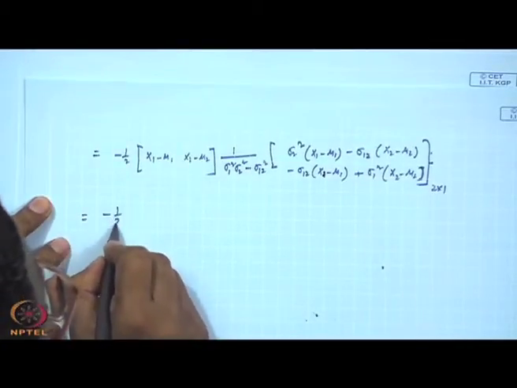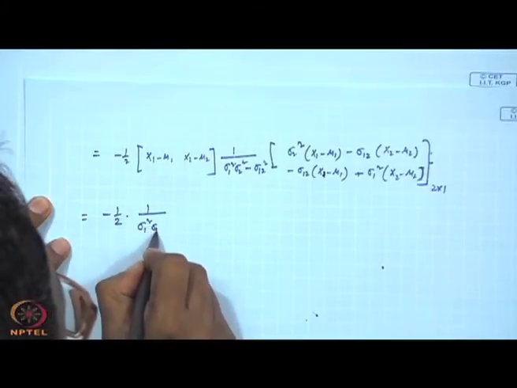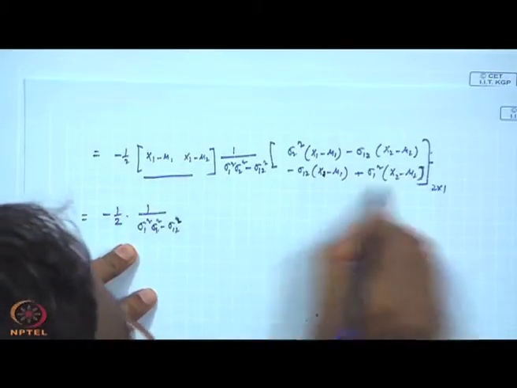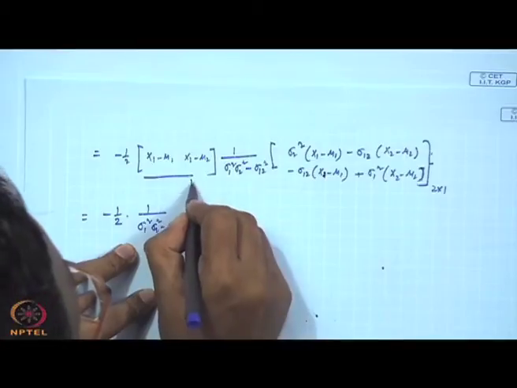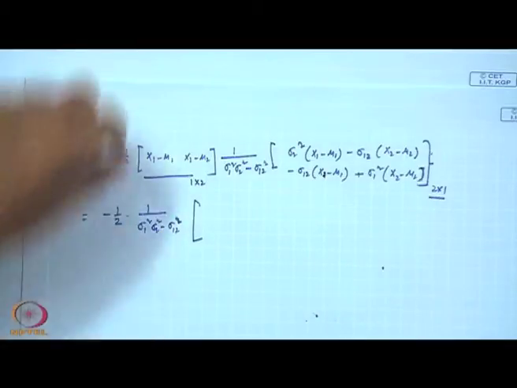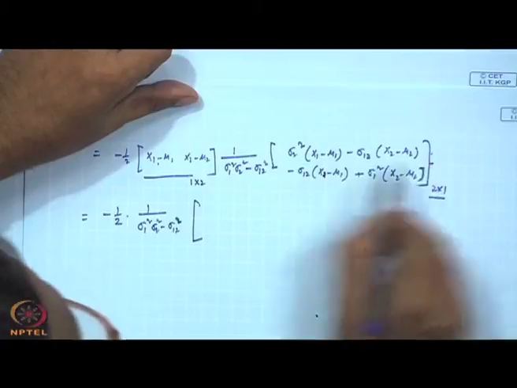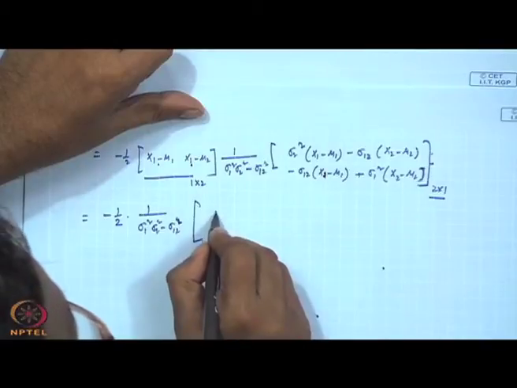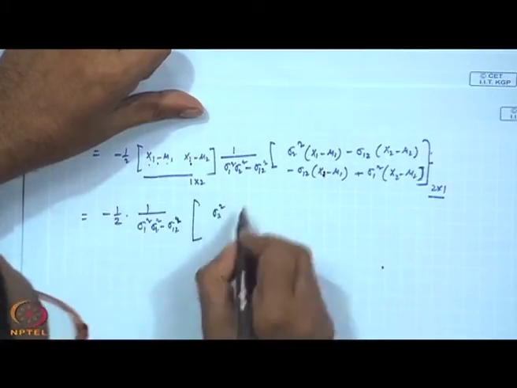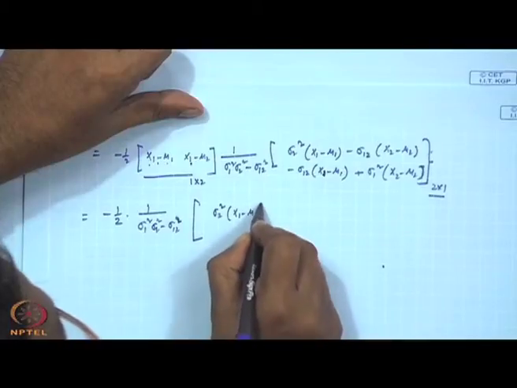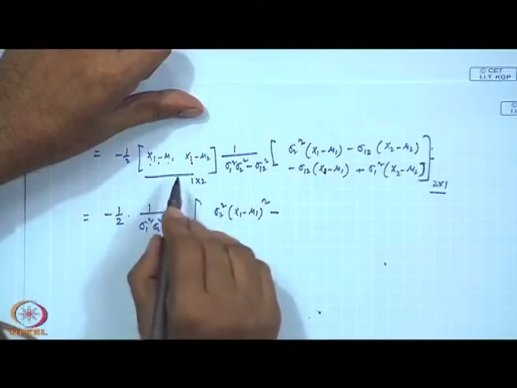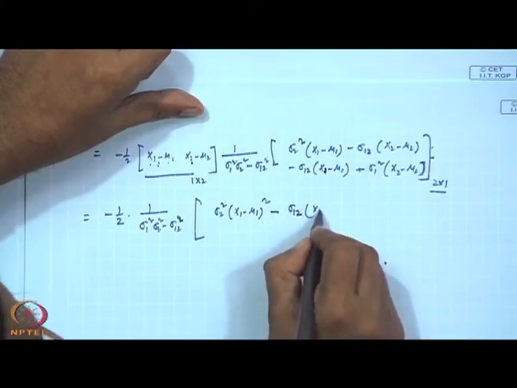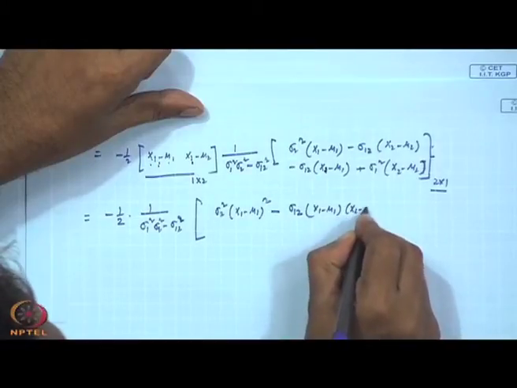Then minus half into 1 by sigma 1 square sigma 2 square minus sigma 12 square, you keep here. Now we are multiplying this into this. This is 1 cross 2 and 2 cross 1, so you will get 1 cross 1. So this into this plus this into this. What are you getting then? You are basically getting sigma 2 square (x1 minus mu1) times (x1 minus mu1), that is square, minus this into this: sigma 12 into (x1 minus mu1) and (x2 minus mu2).